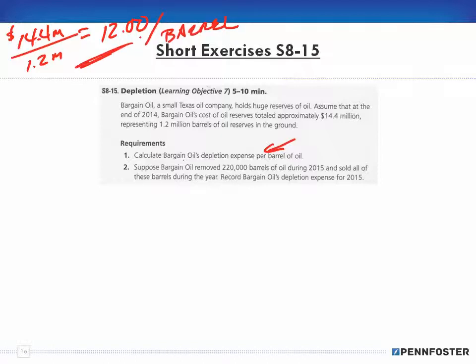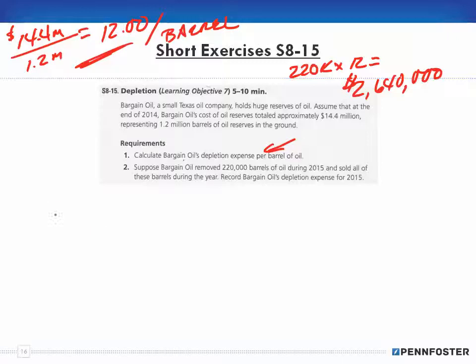So if it's $12 per barrel, and we remove 220,000, then 220,000 times $12 per barrel gives us 2,640,000. That's the amount we're going to use for our depletion expense.